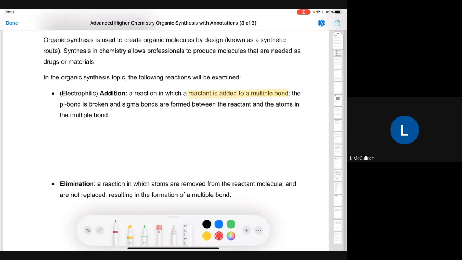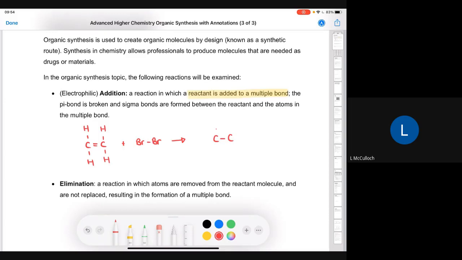What we're going to look at here is the reaction between ethene and bromine. So what will happen is our carbon to carbon double bond, the pi bond, will break, leaving a carbon to carbon single bond, the sigma bond.